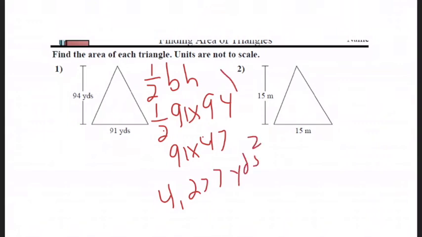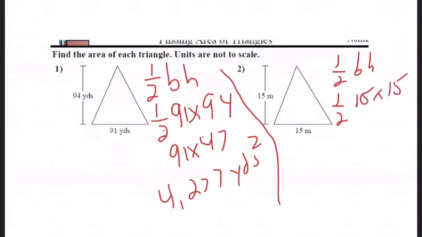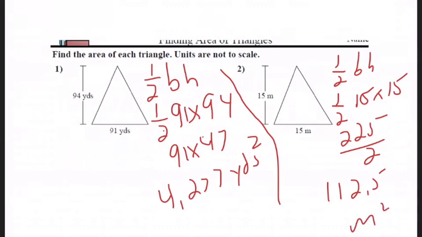Has to be squared because it's area. Next one is 1/2 base times height. So it's 1/2 of 15 times 15. I'm just going to multiply 15 times 15 because they're both odd. So it's 225 divided by 2, so it's 112.5 meters squared.